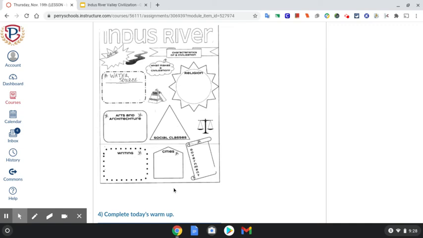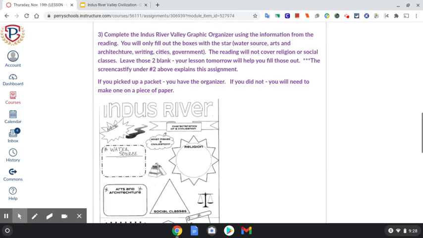Cities basically just need the city names. If you have little facts about them, that's fine, but city names are fine. And then government would be things that you see in the reading that could possibly give you indications that they had a form of government. It may not come right out and say that this was how their government was, but little hints and bits and pieces of things that tell you that they had a government.